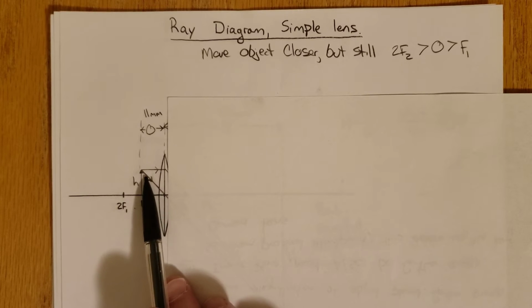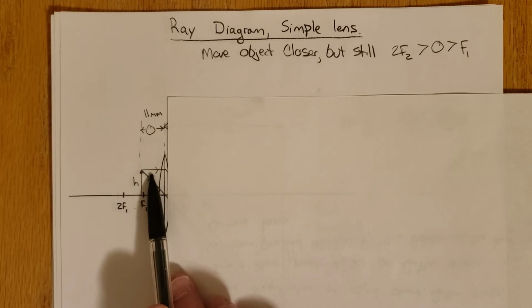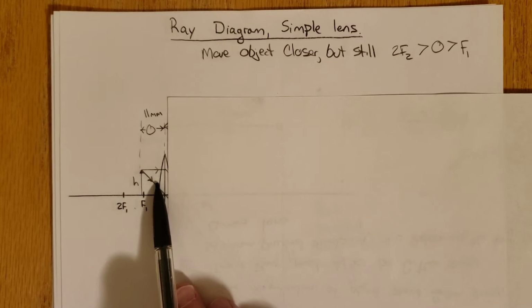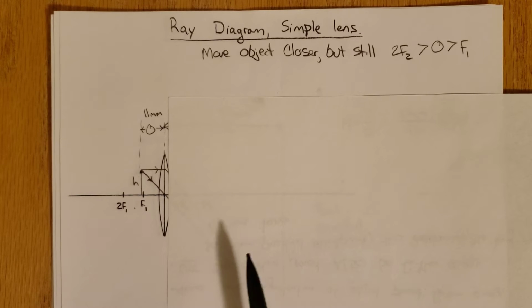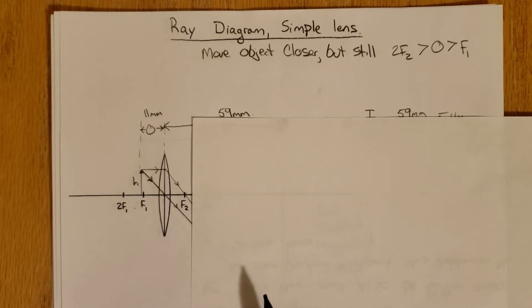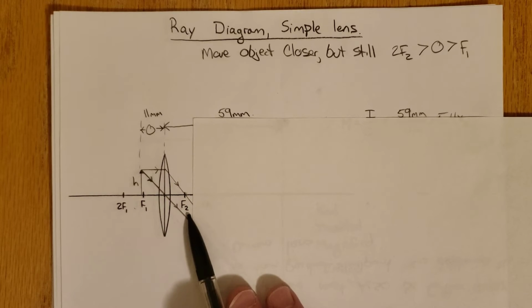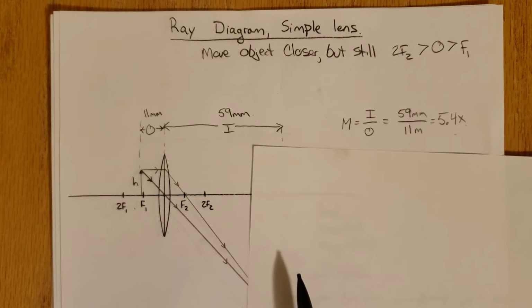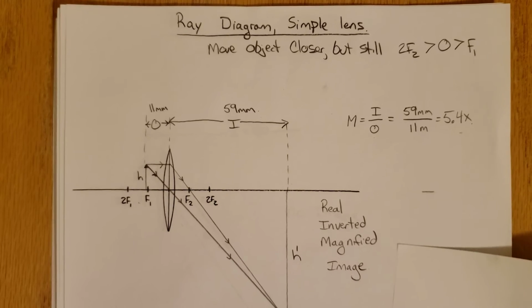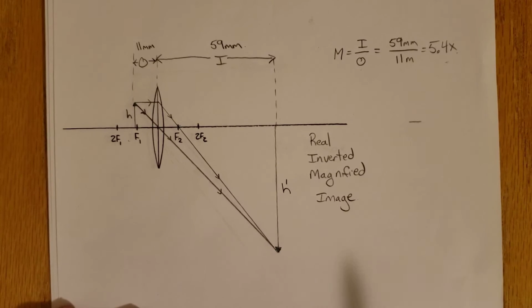You may notice that the angle between these two rays has gotten larger, which means these two rays are diverging more quickly. If we continue to draw those rays, on the back side of the lens they begin to converge, but a lot more slowly than before, which means it takes them longer to converge.